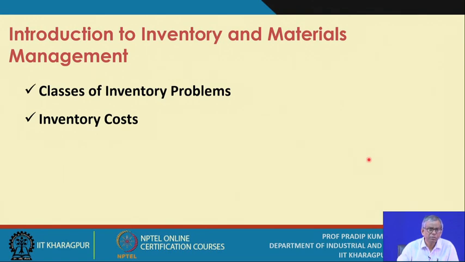In the last interaction we have already identified the factors related to inventory problems, the classification, and you have already come to know how these classes are made, and so there are different types of inventory problems.